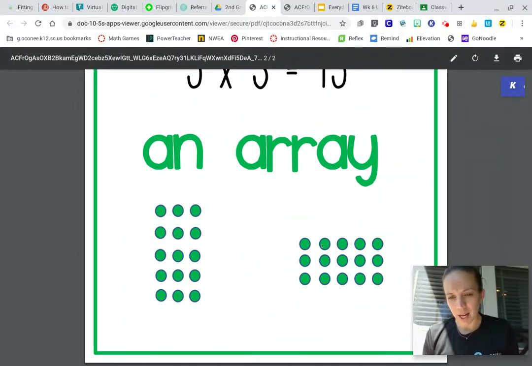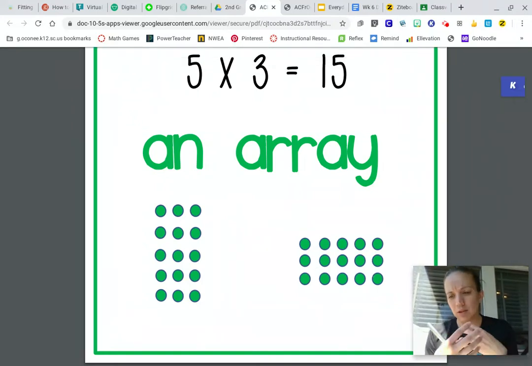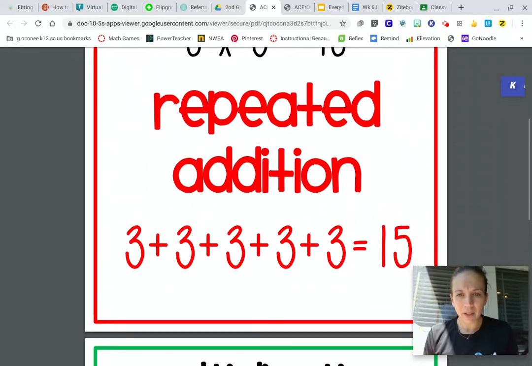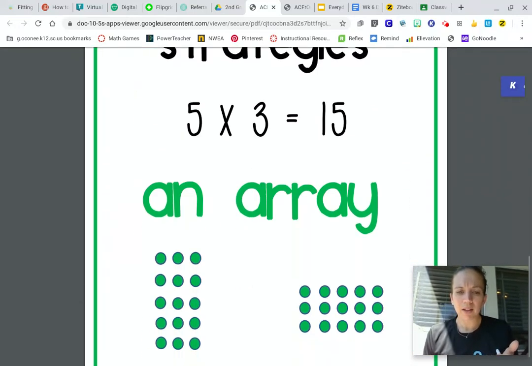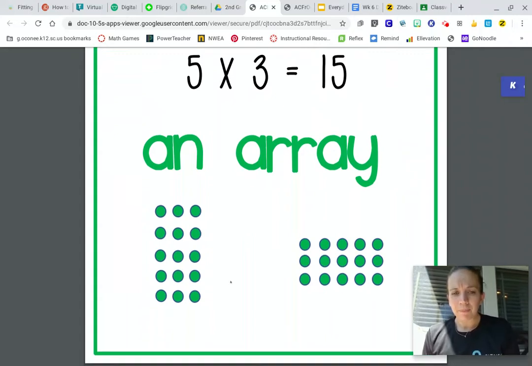So you could also look at it as 5 plus 5 plus 5, and it's 15. Like addition, multiplication can be flip-flopped, and you get the same answer. It's great because it makes it a little easier. So we have repeated addition, where you add the same number over and over, and then you've got an array. They're equal, organized, nice, and neat.